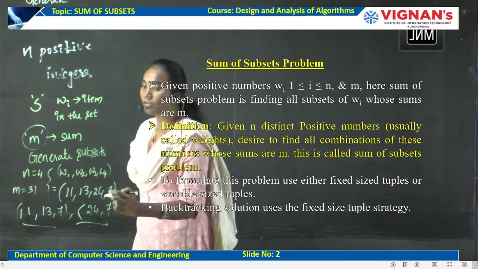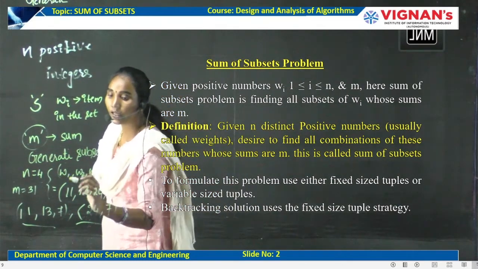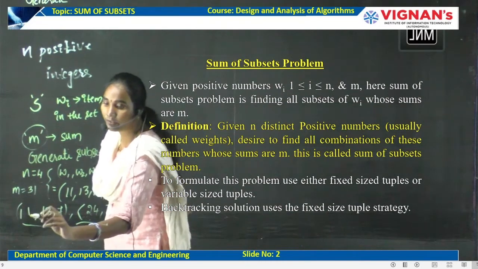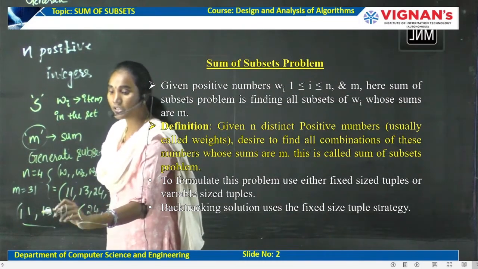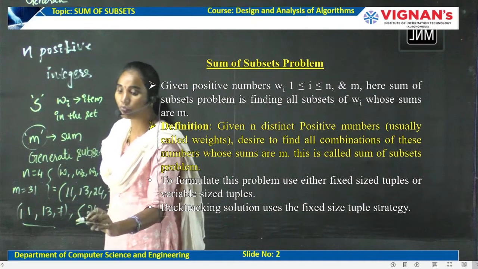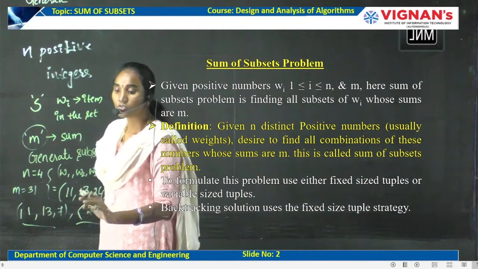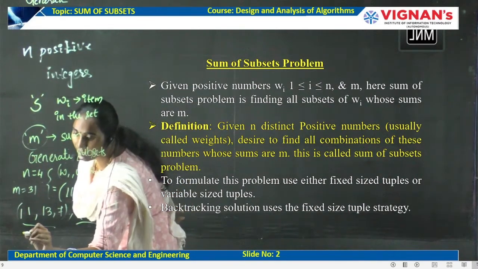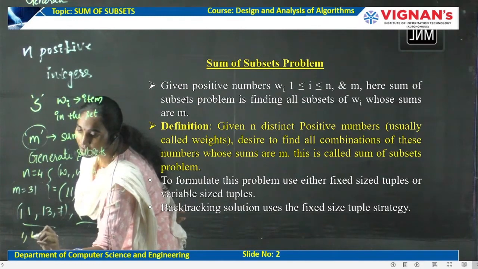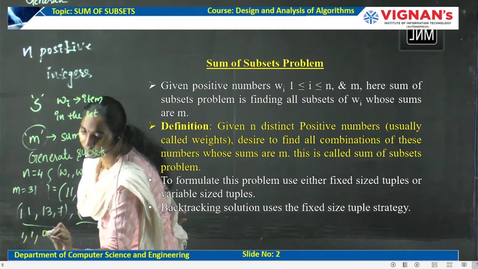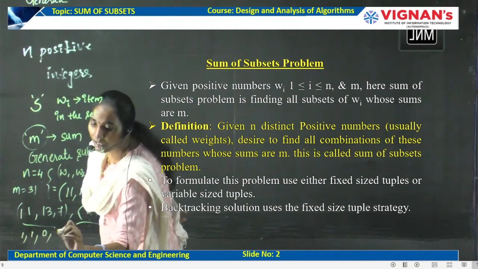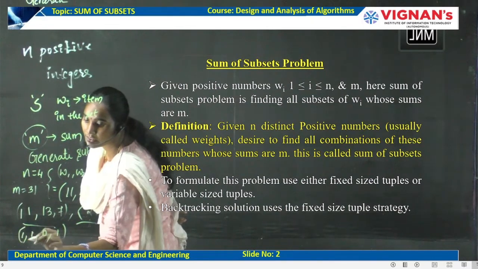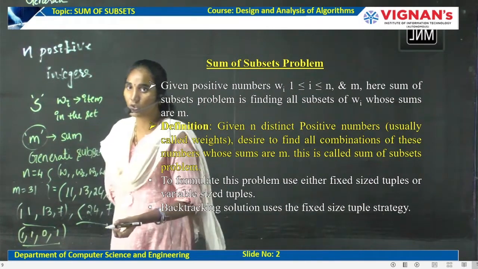So the same solution I can represent as weight 1 corresponding to 11, so 11, 13 and 7. The first item, second item and fourth weight we are considering. The first one we have taken 1, second one 1, third one we have not taken, 0, and the fourth one we have taken. So this is the tuple solution 1 1 0 1.